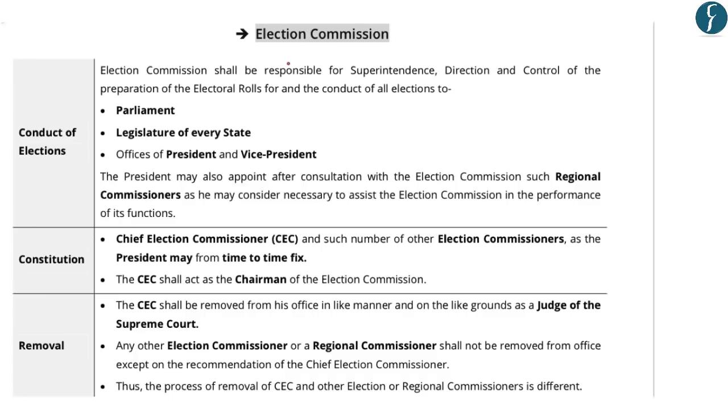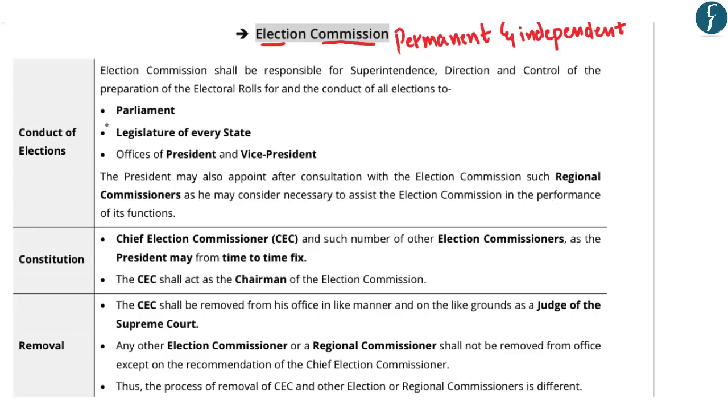Now the task of conducting as well as superintending most of the elections in our country is the mandate of the Election Commission. The Election Commission has been thoroughly discussed in the Rao's C3 module of 2018. Let us know a few things about the Election Commission. The Election Commission of India is a permanent as well as an independent body constituted under Article 324 of the Indian Constitution.